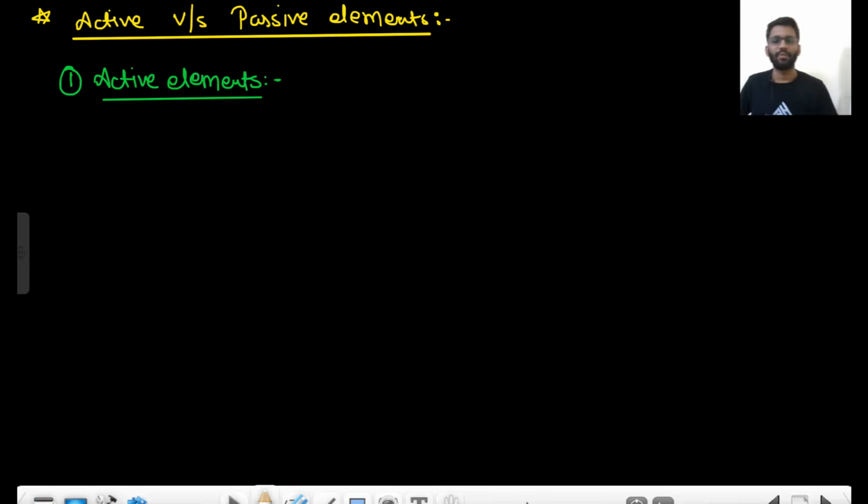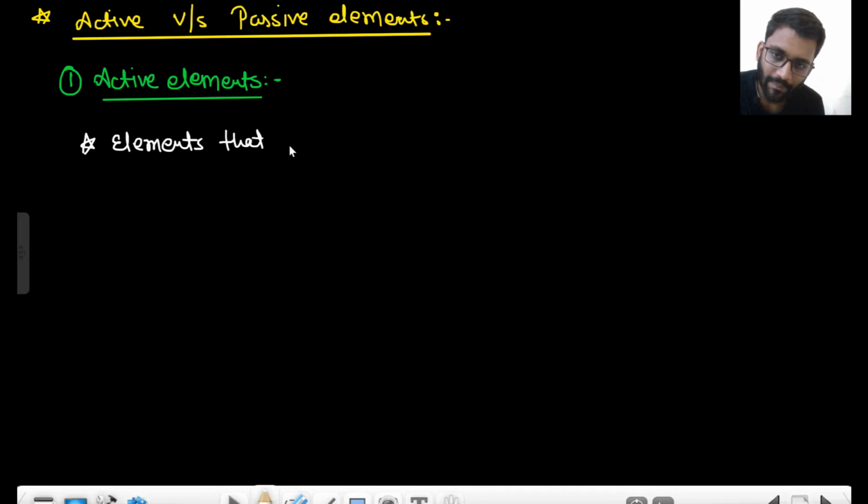Let's move on to the next thing, that is active elements and passive elements. This is also a very important concept. So what are the active elements? First point, elements that deliver energy.